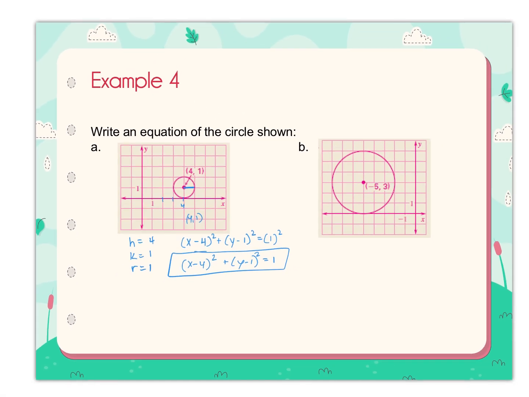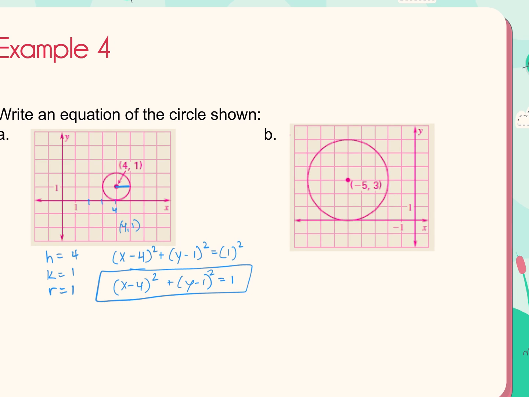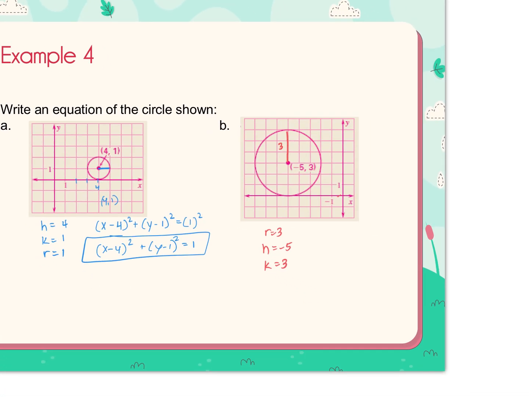I go to the next one. Again, I have to figure out what the radius is first. I'm going to look at the units of measure. Every mark is worth 1 point, so I know that my radius is 3 units long. So r is 3. My h is negative 5, and my k equals 3, because that's the center of my circle.